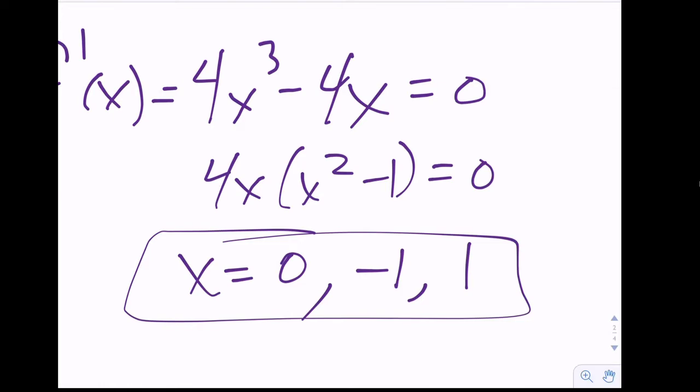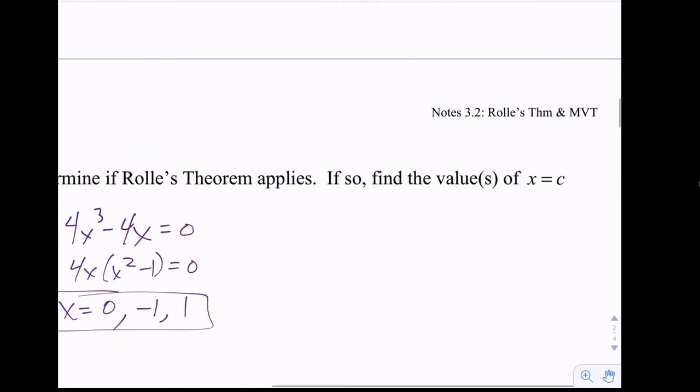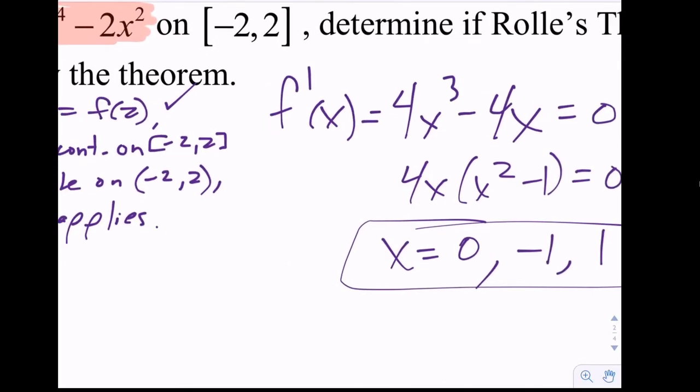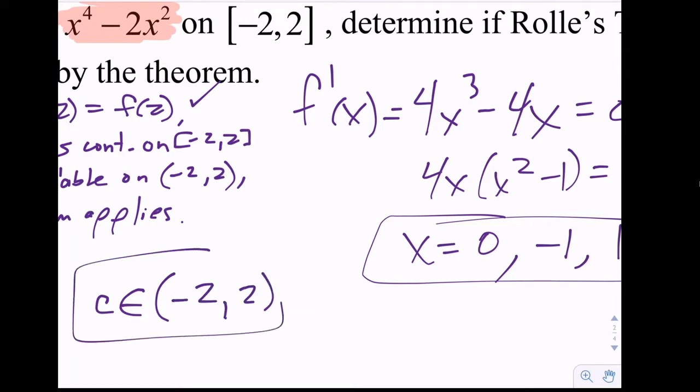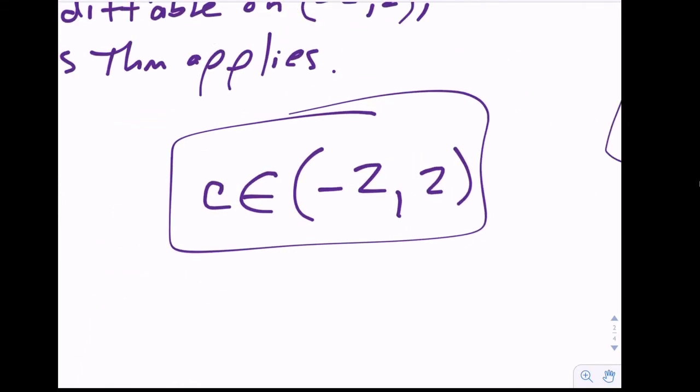No. We always have to make sure we're answering the question. It said to find the values guaranteed by Rolle's theorem. Rolle's theorem is guaranteeing a c value strictly in between the endpoints. We need to look at all of our critical values and make sure that they are on the open interval. If they fall outside the interval, do we count them?